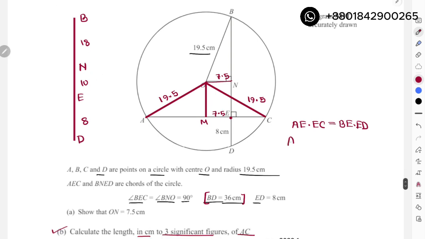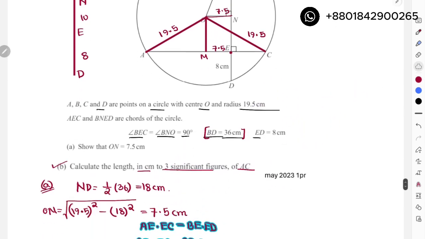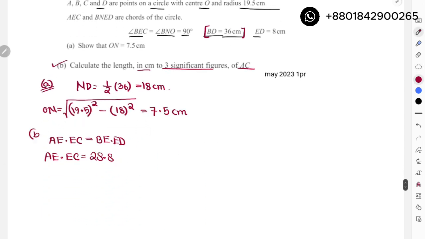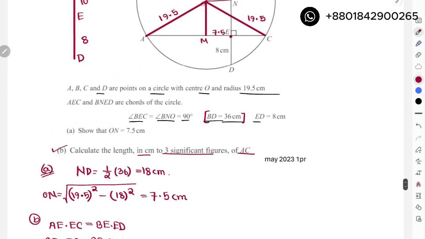So you get AE times EC is equal to 28 multiplied with 8. So 28 times 8 is just 224. So I'm going to use this actually for the final process, but we're going to keep it over here, that we get this as 224. On the right hand side, I'll explain.